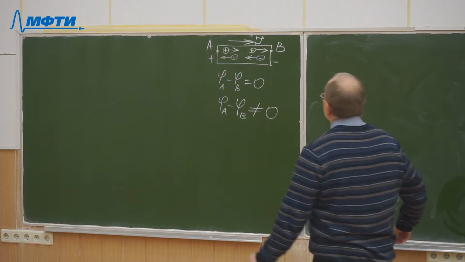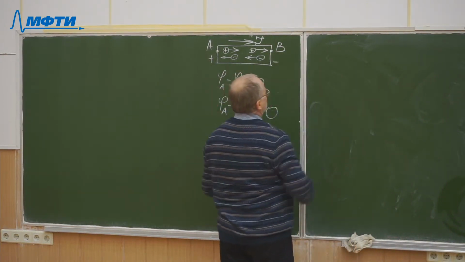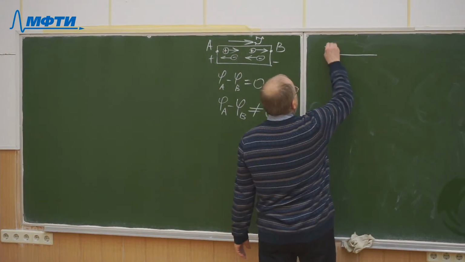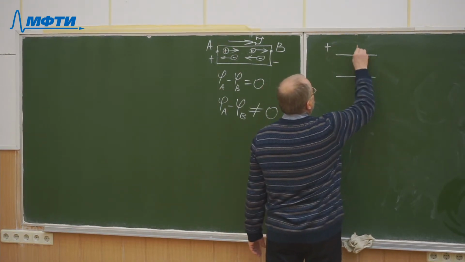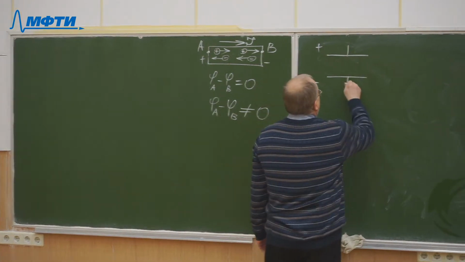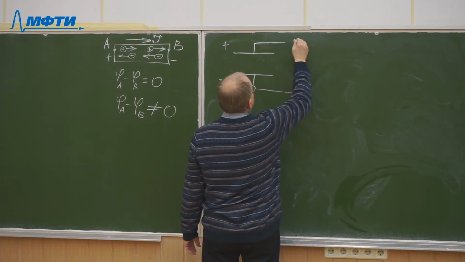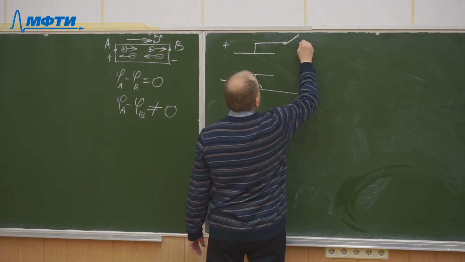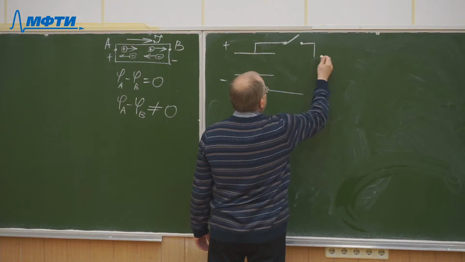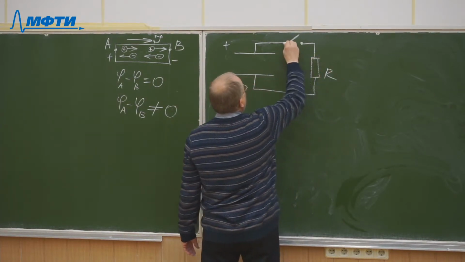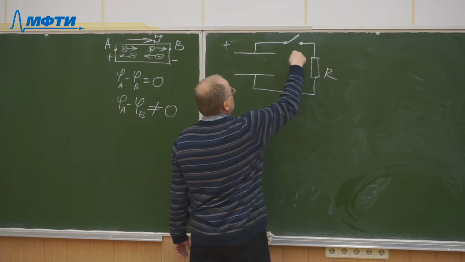So in order to have current, we must apply some external potential. The simplest case is when you have a charged capacitor, and we attach some external circuit to this capacitor. This is a switch, and this is some external resistor. The switch may be closed or may be open.